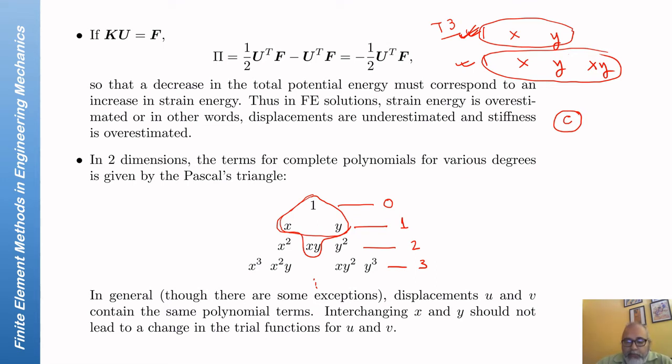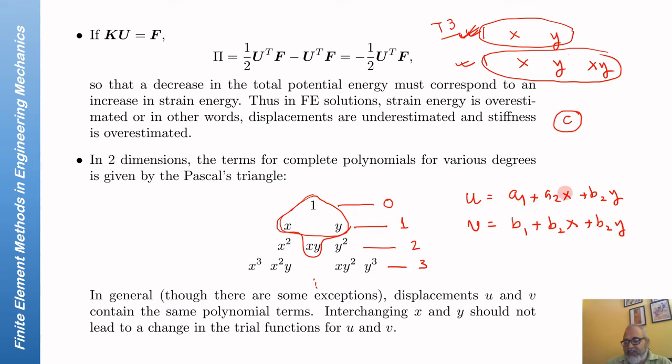But you also additionally try to have isotropic approximations for both the displacements. So if this is a1 plus a2x plus a3y, this would be b1 plus b2x plus b3y as well.